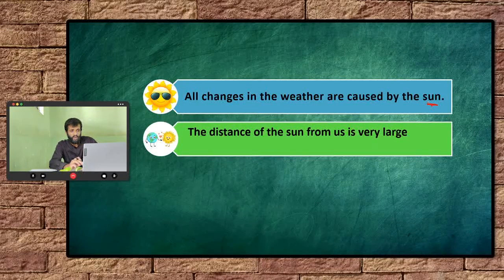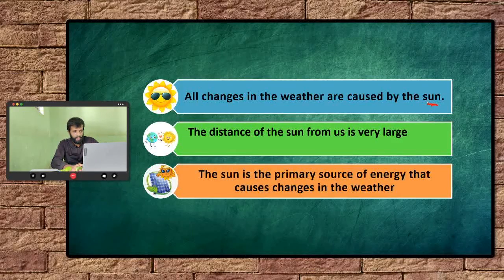Then the distance of the sun from us is very large. So we are here and the sun is thousands and thousands of kilometers away. Yet the change is felt. The sun is the primary source of energy that causes changes in the weather. So again, as I told you in the first point, it is because of the sun that there is a change in weather.